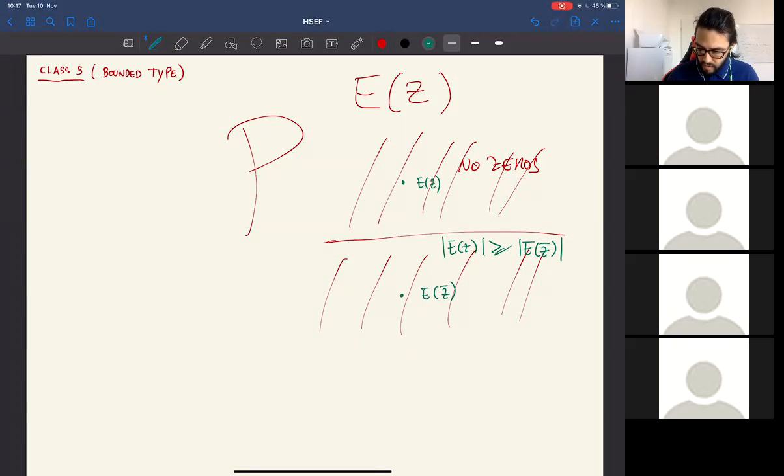Great, that was one condition, and the other condition was that when you go in a vertical line up, |E(x+iy)| is non-decreasing. Okay, that was the Pólya class.